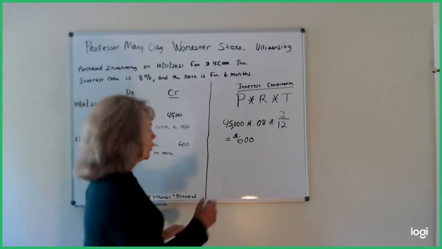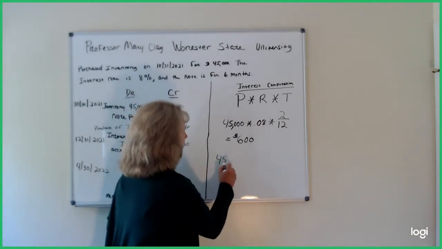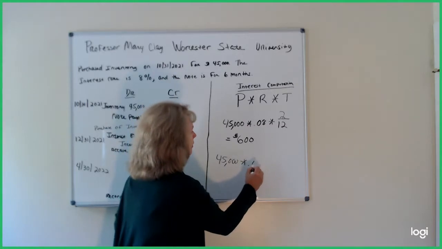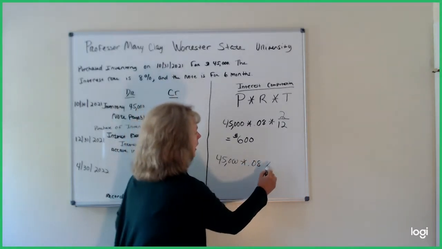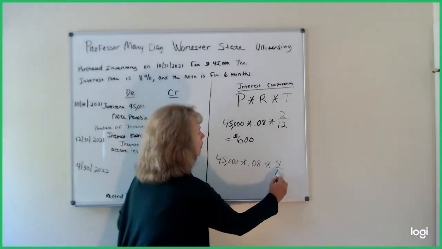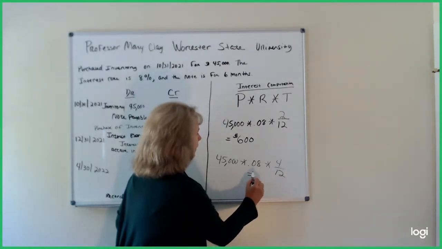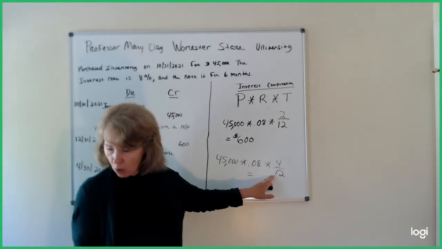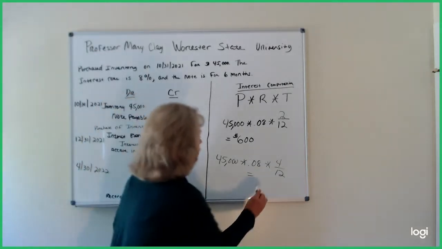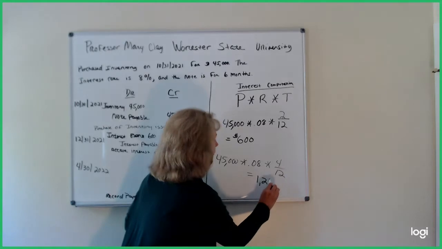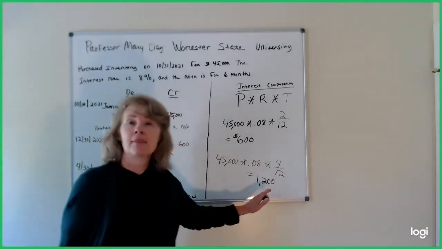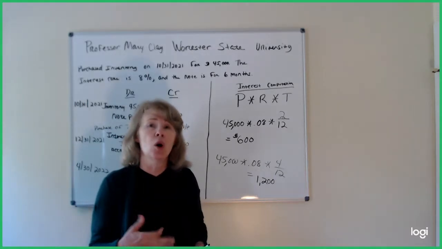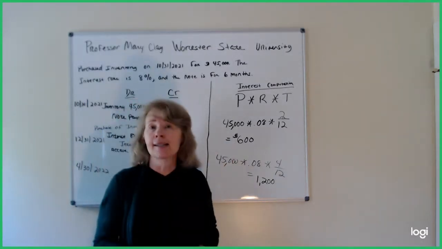Let's do our equation. It's 45,000 times 0.08 times 4 over 12. You divide this out and it gives you $1,200. Now that's the interest for 2022 only. You already recognized 600.